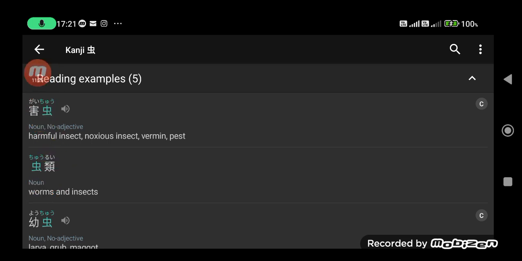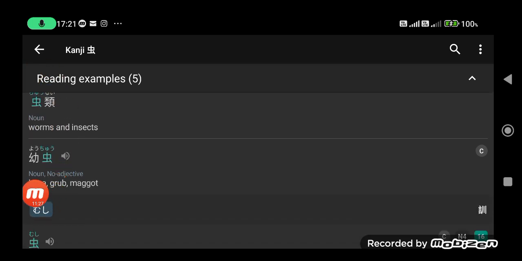Gai. Okay, so yo chu: this first kanji means kid or toddler, or very young, or infancy. So true enough, yo chu means kid worm, kid insect, and therefore larva or maggot or grub.